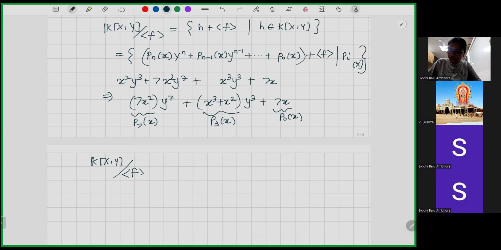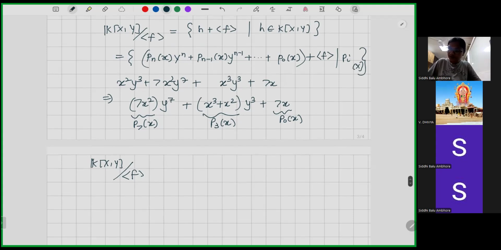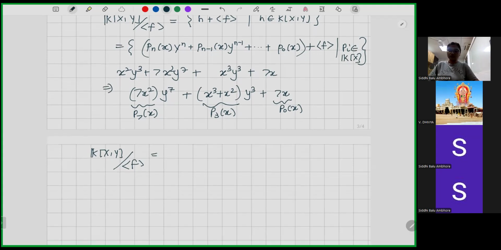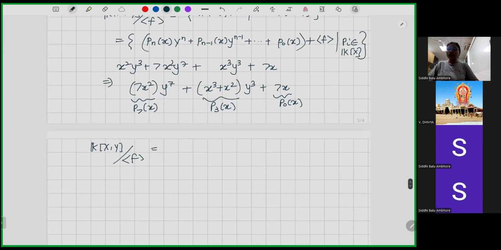Okay, we are working with these elements here, π in K[x]. So when I take the quotient, note that this f is in K[x]. When I take the quotient, it only affects this p_0(x) and doesn't affect y.